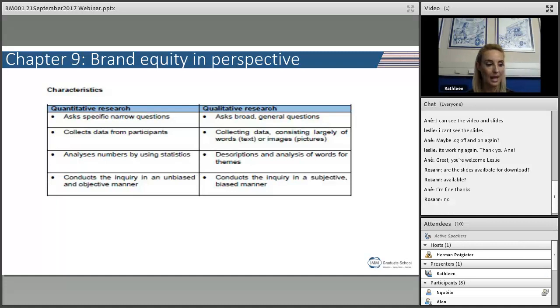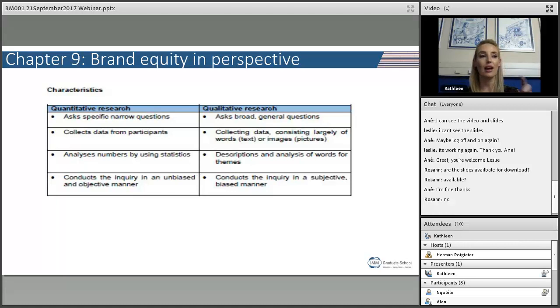So let us quickly have a look at the characteristics of quantitative research versus qualitative research. And you can find this in your learner guide. Quantitative research asks very specific questions, and the answers are already prepared for the respondent. So you don't get to answer however you feel.